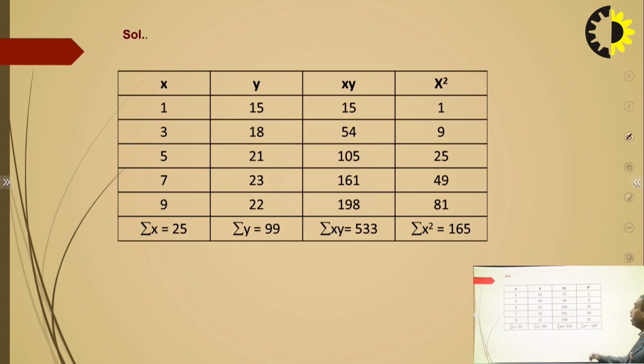Putting these values, summation x becomes 25, summation y becomes 99, summation xy is equal to 533, and summation x square is equal to 165. We are not calculating y square because we have to calculate byx, and for byx there is no need of y square.